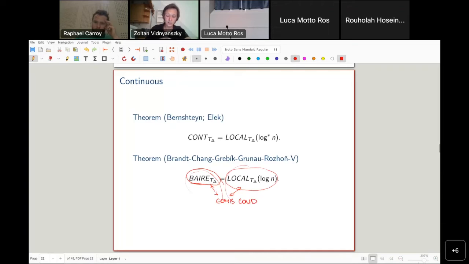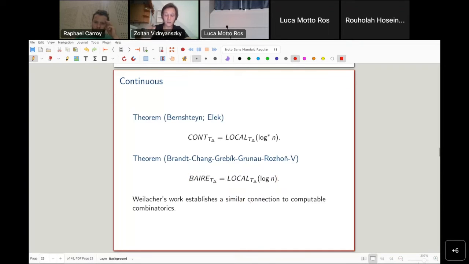And there is one other thing which is, for me at least, fascinating. Felix Weilacher in June gave a talk on a completely different area, called recursive combinatorics. It turns out that this very same combinatorial condition plays a crucial role there, and that it is also a characterization.